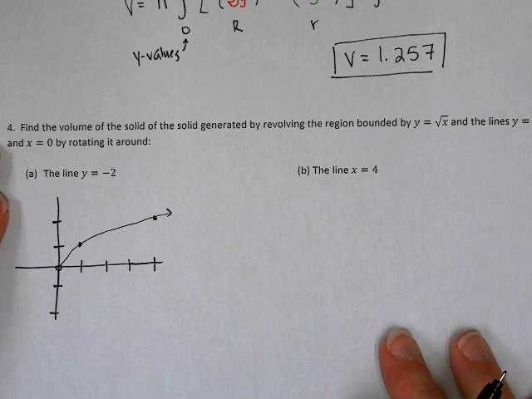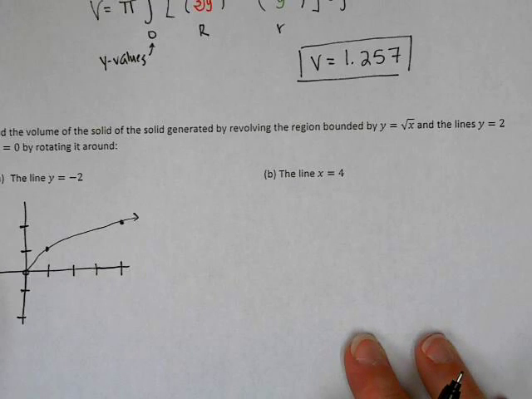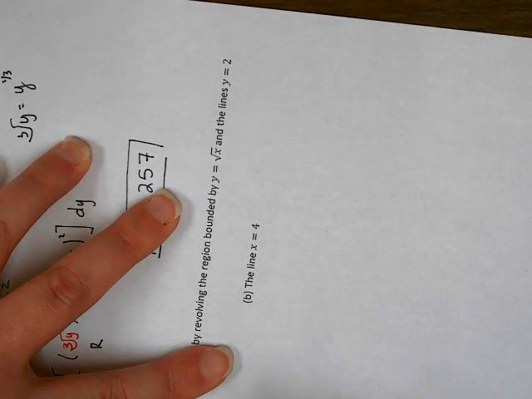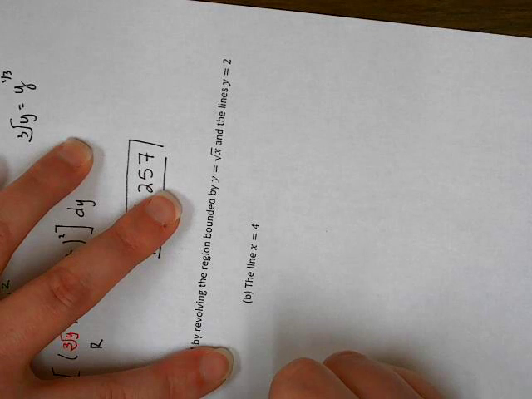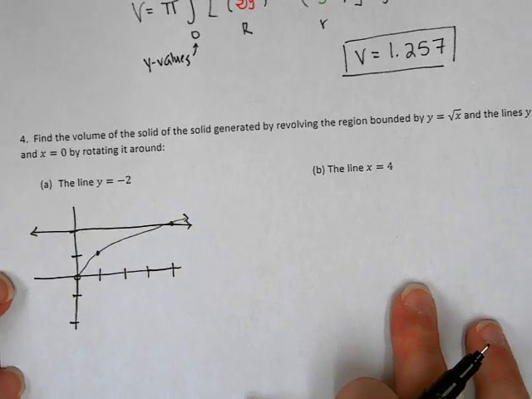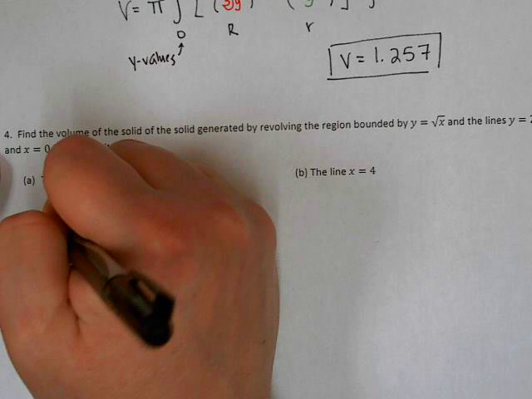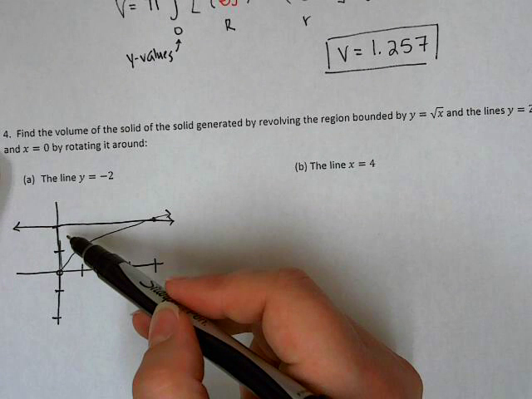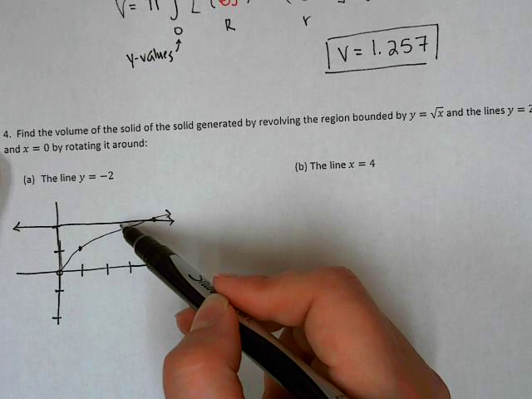So there's our square root of x. The line y equals 2 is going to be right here. And then the line x equals 0, so that's the y-axis right here. So we can see it's kind of this region right in here that we're going to be rotating.